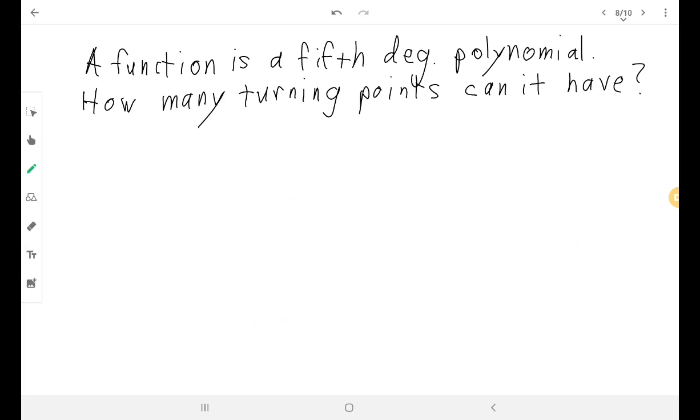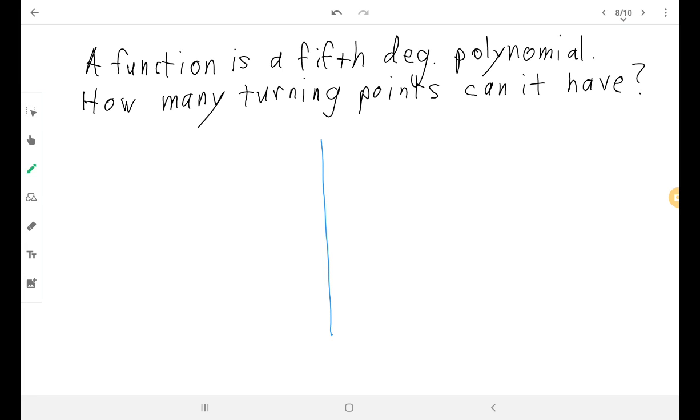So now we're going to ask a question from the other side. If I give you this scenario, a function is a 5th degree polynomial, and I ask you how many turning points can it have? Okay, so one of the things you're going to learn is that a 5th degree, whatever degree actually that you have, means you could have that many x-intercepts.